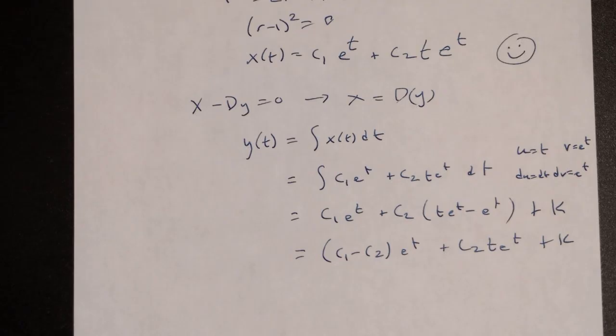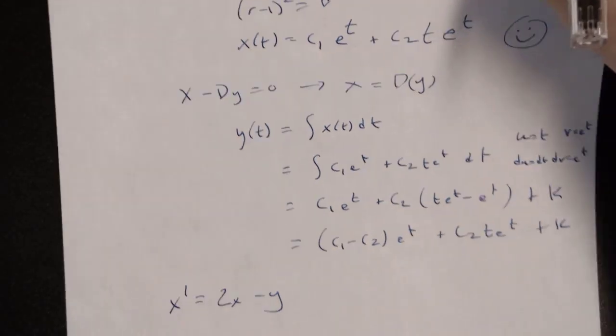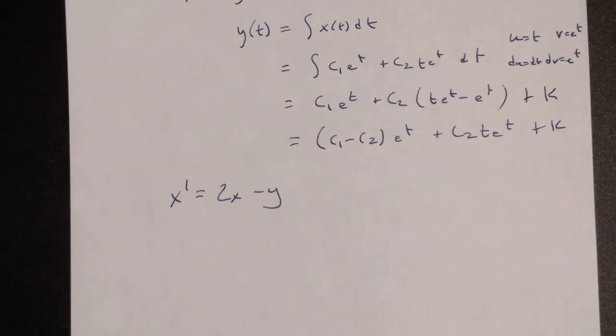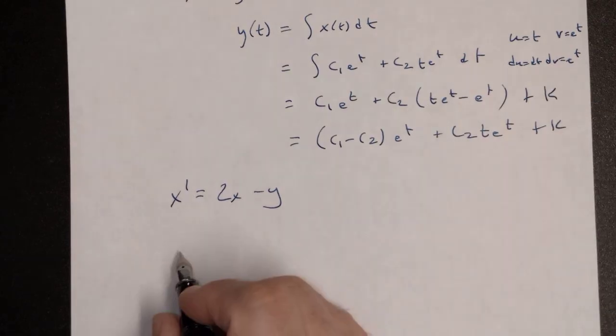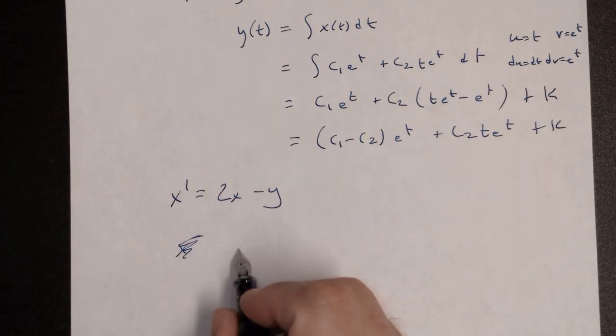But I need to plug it back in to the other equation that I haven't used yet. So I need to take this first equation, which was x prime equals 2x minus y. All right, wait a second. What's x again? Right, x was up there. Let's figure out what's x prime.